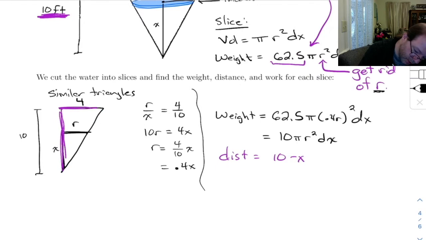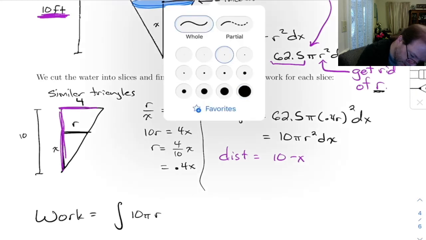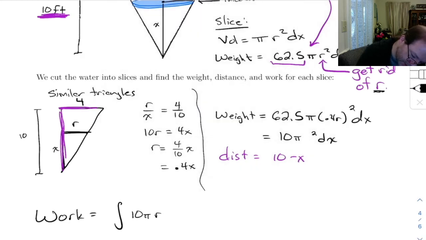So our total work is the integral of 10 pi r squared, wait, this r up here shouldn't be an r, it should be an x. And same thing above, that should be an x, because this r gets replaced with 0.4x.